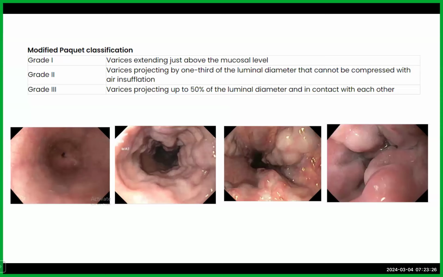Then you also have the Japanese Research Society for Portal Hypertension classification. This one has been shown to help you classify the severity of bleeding risk more compared to other classifications. Then you have the Dagradi classification too. That one grades from grade 1 to grade 5.